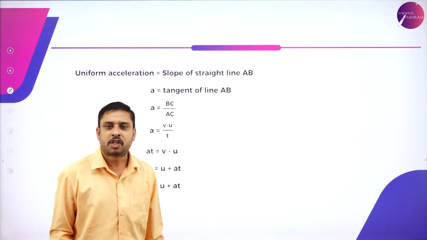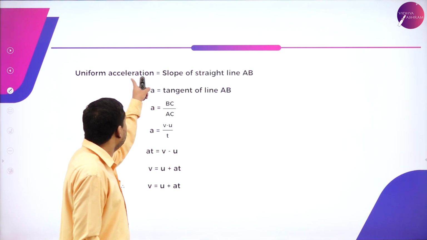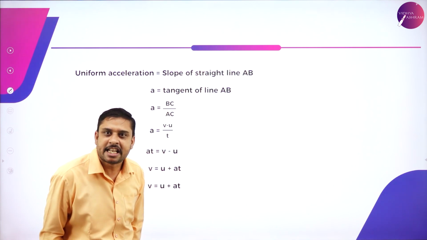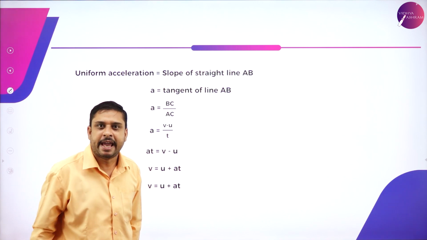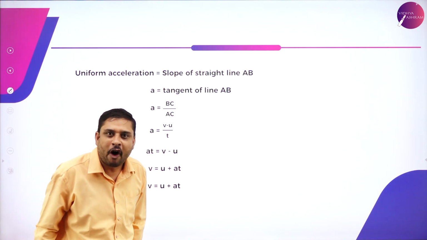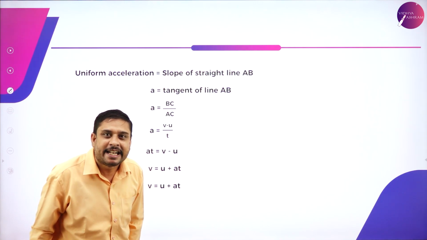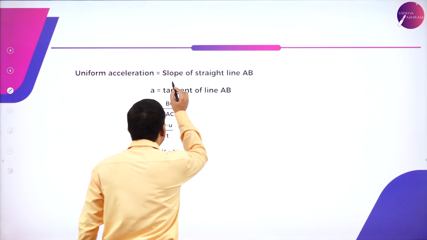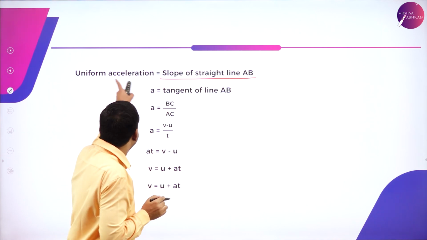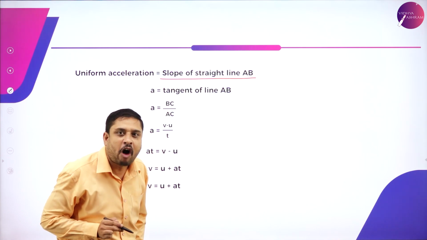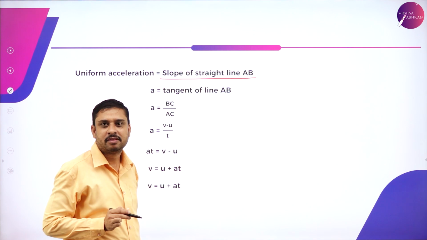Now, I want to calculate uniform acceleration. The body is displaced along AB, uniformly accelerated along AB. So the slope of the straight line AB gives me uniform acceleration.